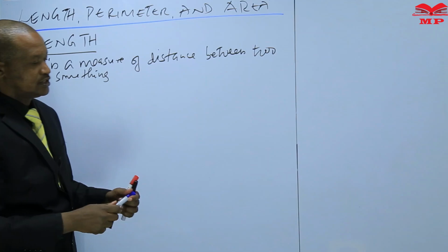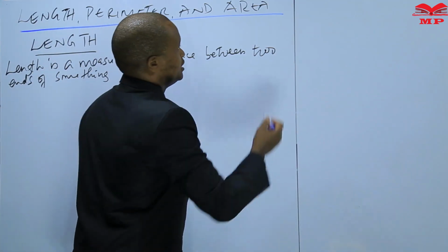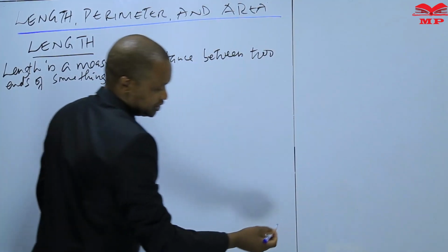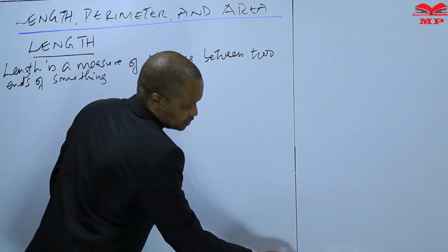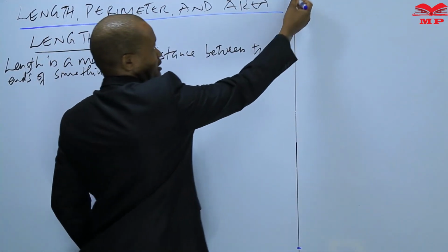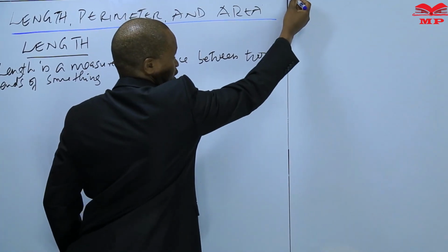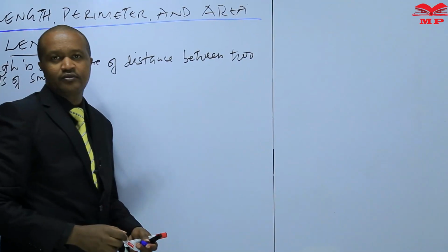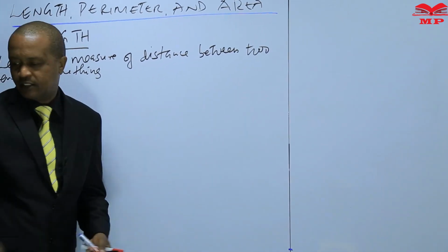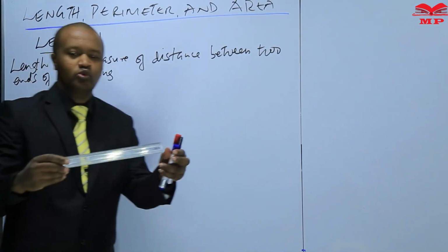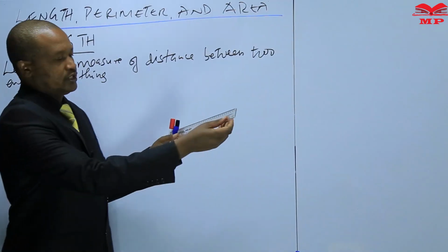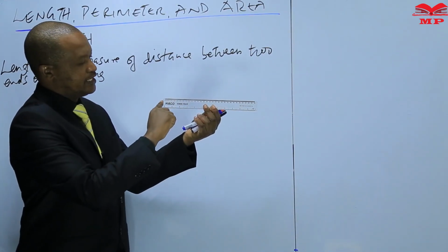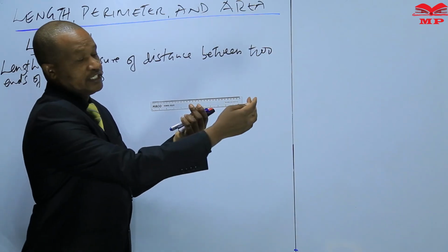It can be the distance between the end of this line here and up to this point. It can be the length of a ruler, the distance between this end and the other end.